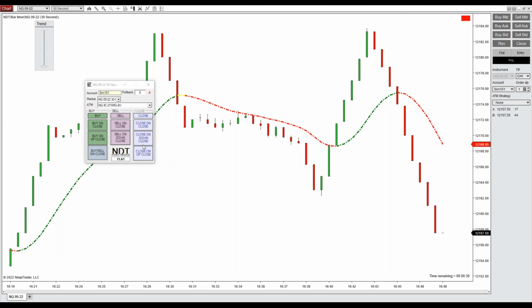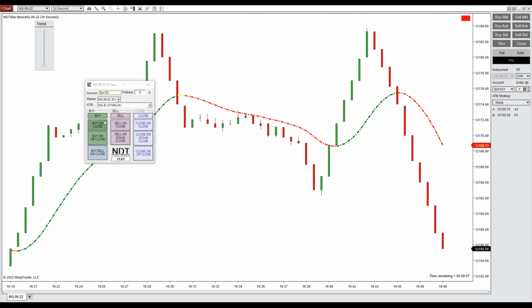Here's close on a down close, on an up close. Here's close on close. So if you're in the trade and you just want to close the trade when the candle closes, it doesn't matter whether it's the upside or the downside, you just knock it out and close it. And then there's a couple of other configurations that we just rarely use.